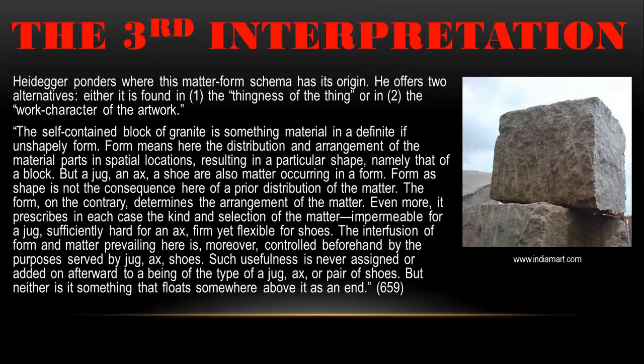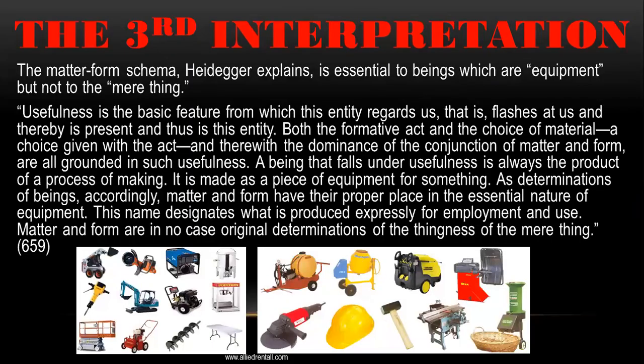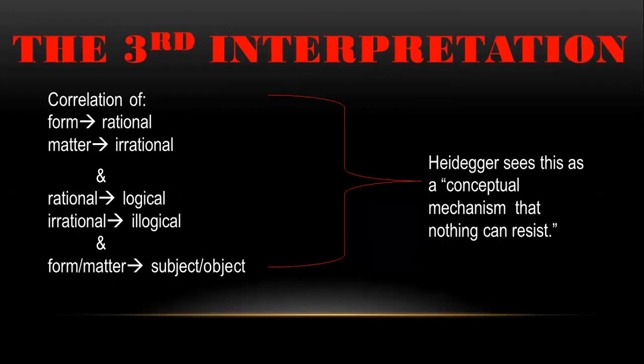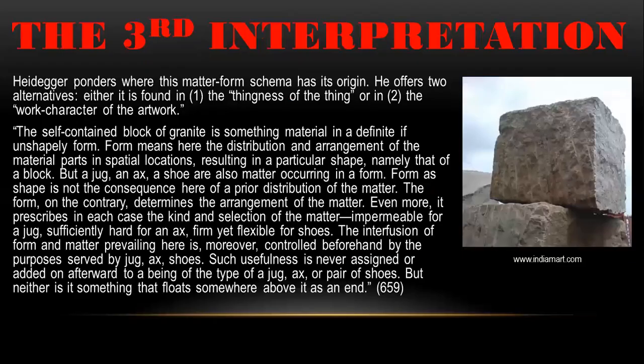But neither is it something that just floats somewhere above it as an end, right? So he thinks, though, again, this matter-form schema that we're working with, this third interpretation of the thing, is essential to what we call equipment, right? So when he asked this question, where does this interpretation of the matter-form schema have its origin?